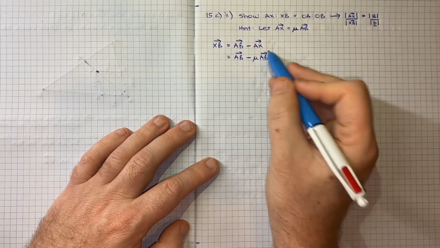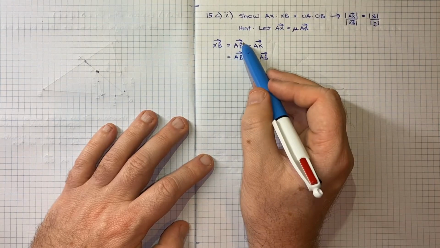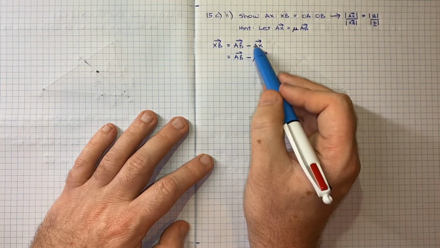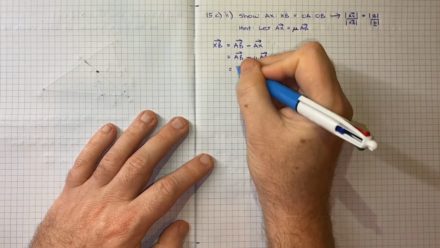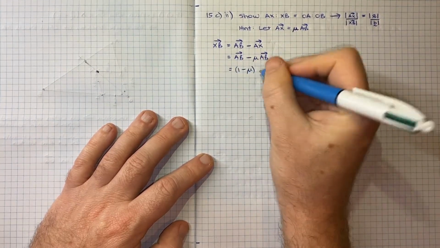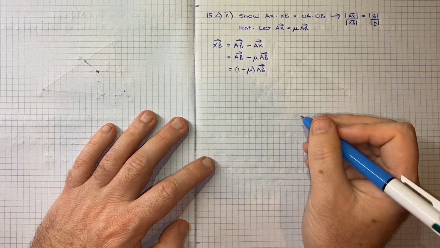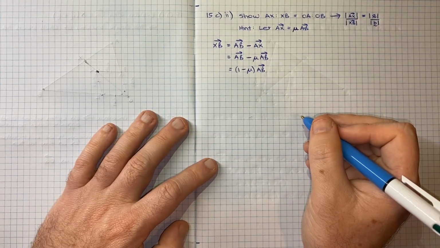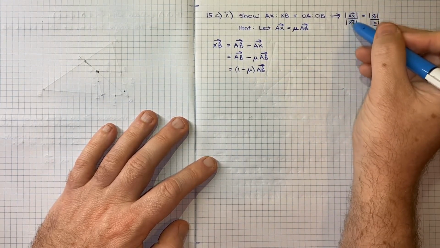And now we can see why it's helpful to think about XB in terms of the whole vector AB minus AX, because now we've got two ABs. So we can write that as 1 minus mu times AB vector. So now we could write this fraction.